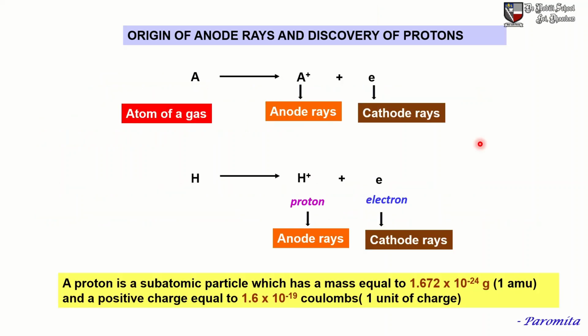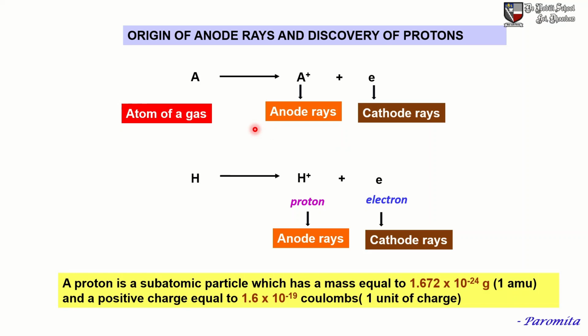We have studied that on applying a very high voltage at low pressure, electrons are ejected from the cathode in the form of cathode rays. The electrons constituting the cathode rays must come from the atoms of the gas inside the discharge tube.